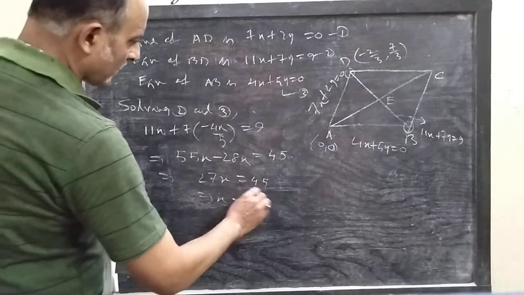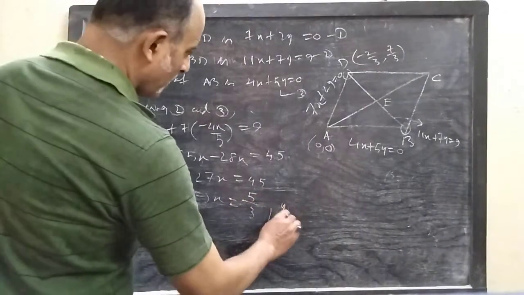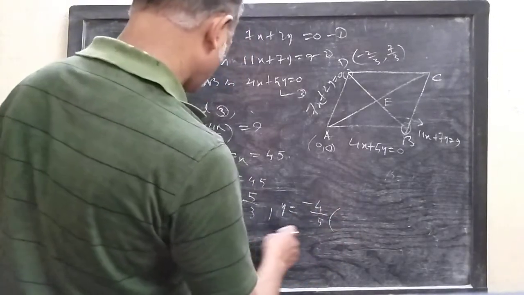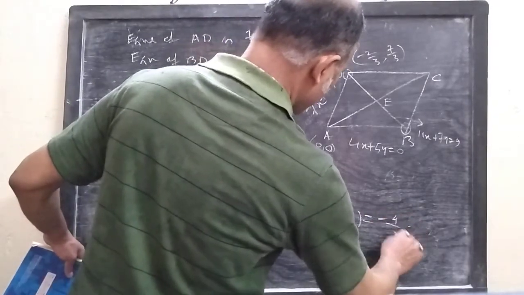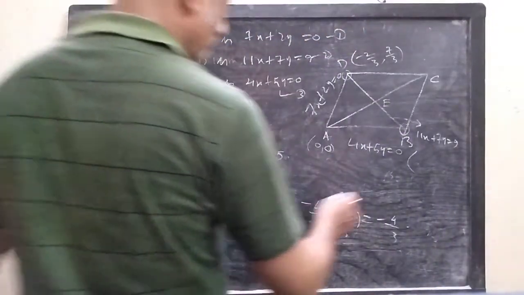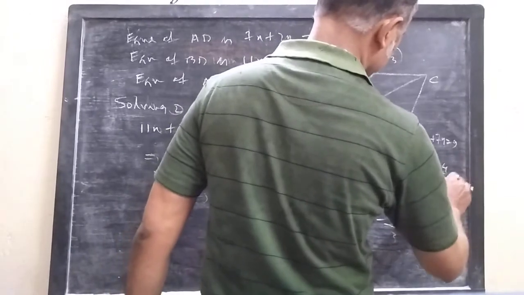So your x will be 45 by 27, 9 5s are 45, 9 3s are 27. x is 5 by 3. And then y will be equal to minus 4x by 5. So minus 4 by 5 into x, which is 5 by 3. So this becomes minus 4 by 3. So we get the coordinates of B as 5 by 3, comma minus 4 by 3.